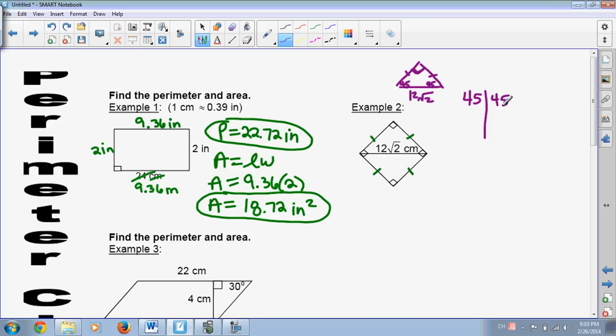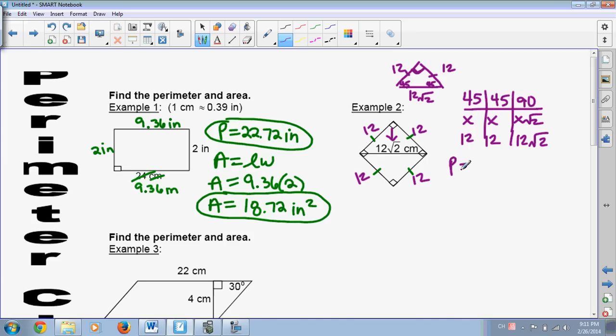And we know that with 45, 45, 90 triangles the side ratios are x, x, and x square root of 2. So since the 12 square root of 2 is directly across from the 90-degree angle, we can put 12 square root of 2 as our ratio here. So if x square root of 2 is 12 square root of 2, that makes our x's just 12. So our side lengths across from the 45s are just 12. That means all of our side lengths on our square are 12.